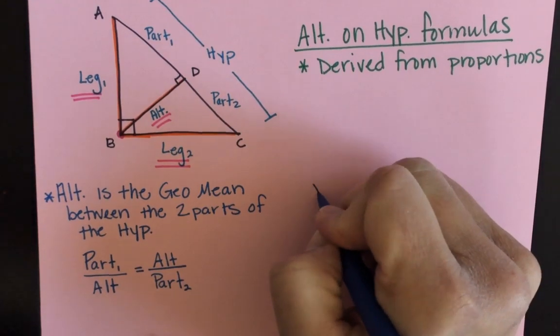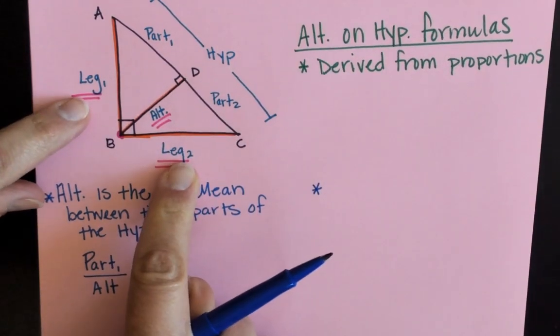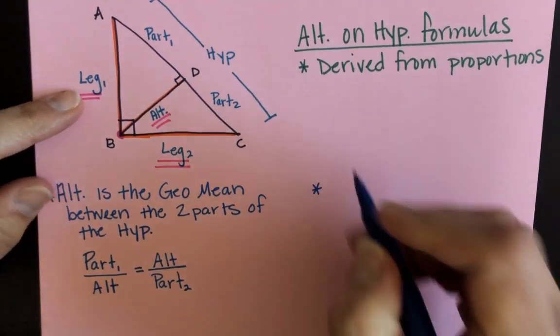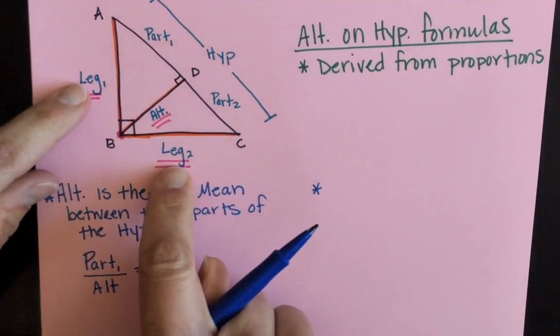Now, we also talked about our legs. If we were to write out all of our proportions for our similar triangles, our legs are geometric means as well.